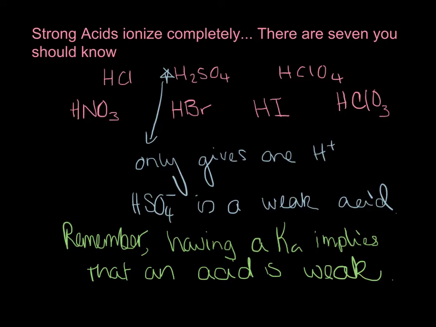So it's only going to remove the first hydrogen ion, and that one's strong. The HSO4 that's left behind is actually still an acid, but it's weak. And so it doesn't dissociate into SO4 2 minus, it dissociates into HSO4 minus. Almost every other acid you can just consider to be a weak acid. And if you're given a Ka value, that implies that the acid is weak.